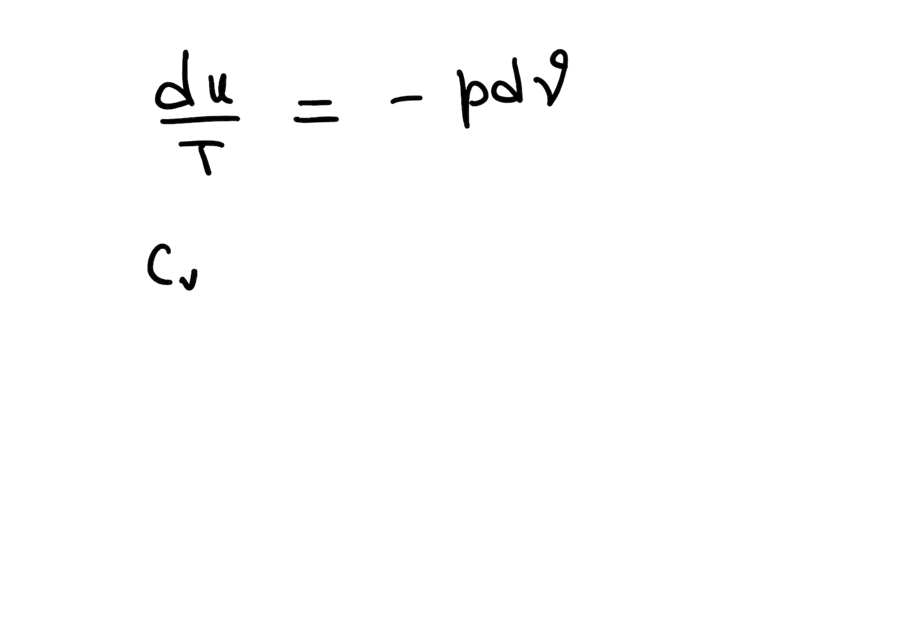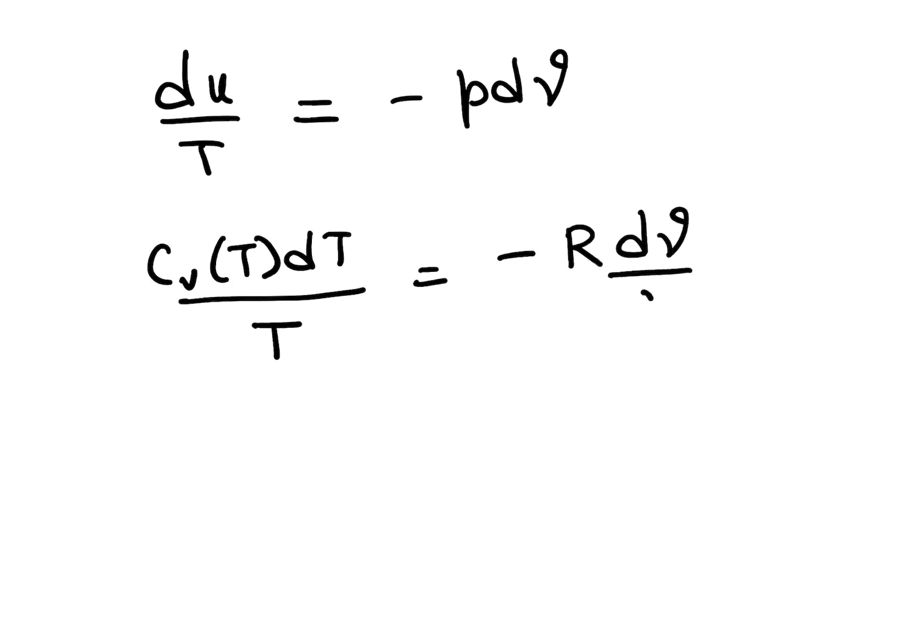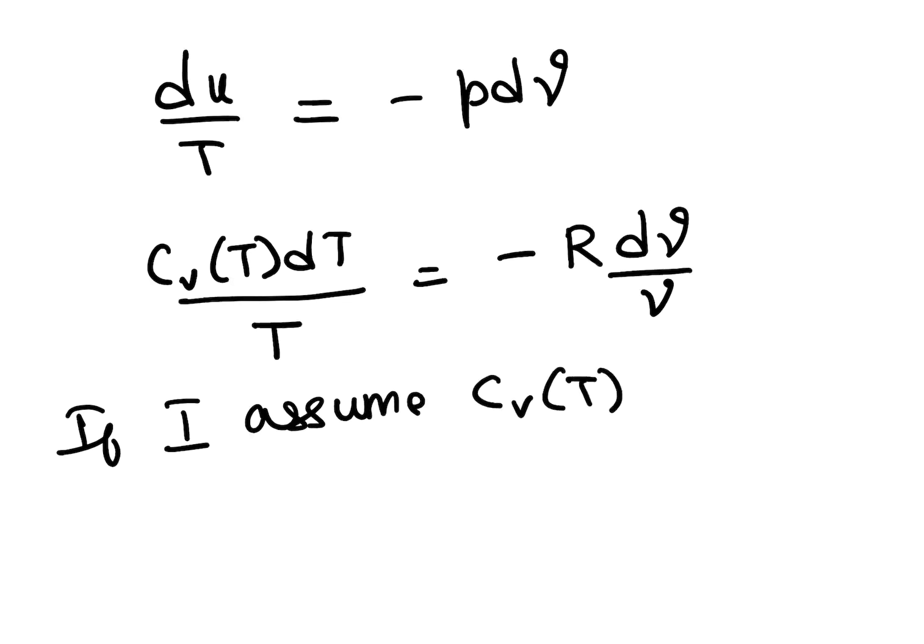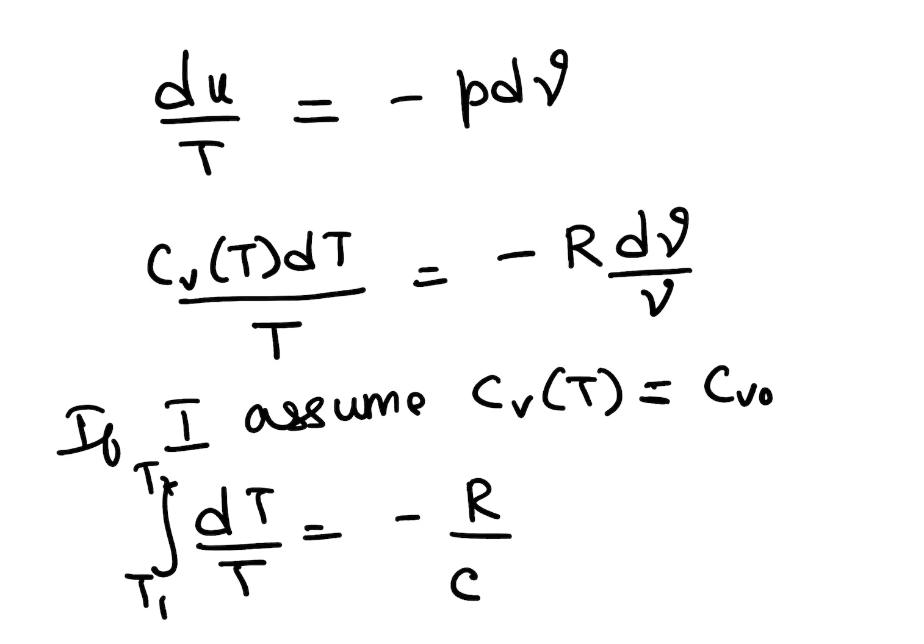So this is Cv times dT divided by T equals minus R d nu over nu. If I assume Cv of T, the specific heat at constant volume, is a constant independent of temperature, I can write the integral of dT over T between 1 and 2 equals minus R over Cv naught times the integral from 1 to 2 of d nu over nu.